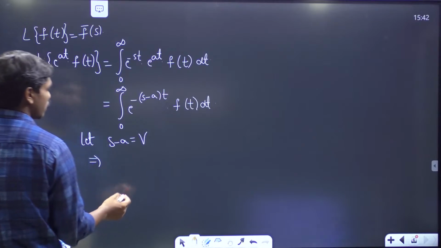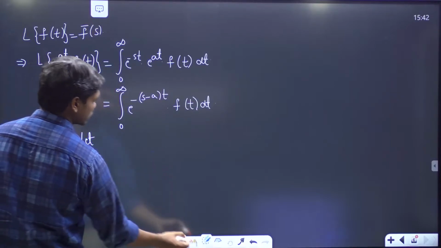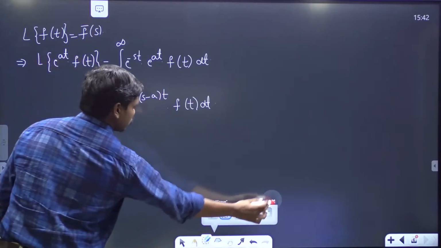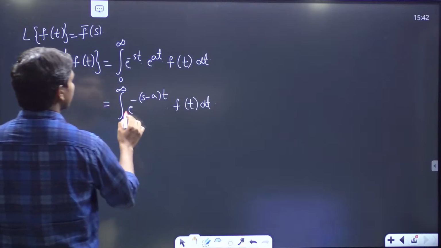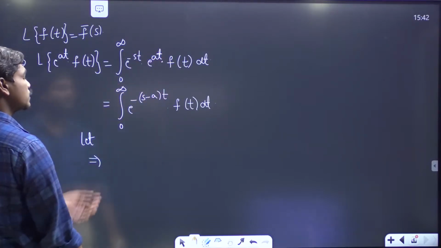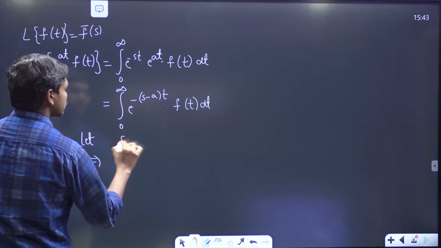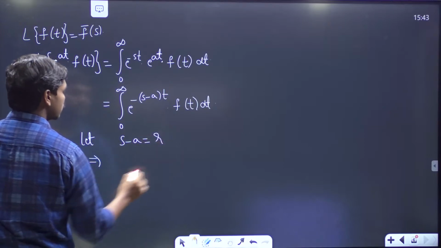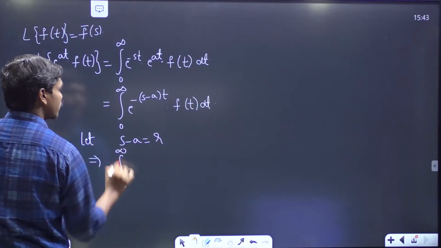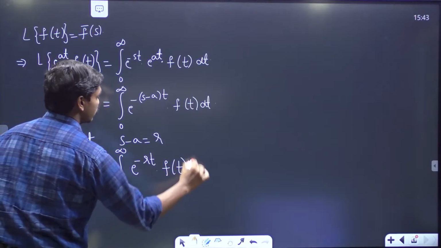Then if you go for upper limits, let me take this as, see here, integral 0 to infinity e power minus st into e power at into f of t dt. So if you take s minus a is equal to, okay, let us take r. So integral 0 to infinity e power minus rt into f of t dt.